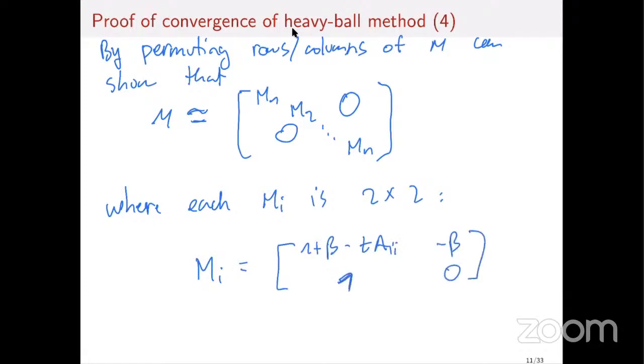So it is a 2 by 2 matrix that only depends on the ii entry of A.